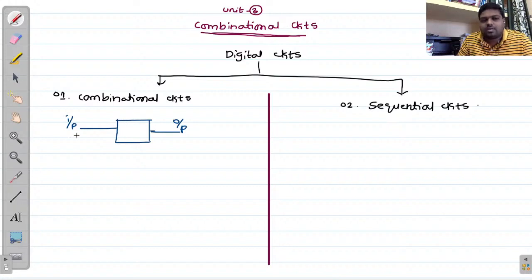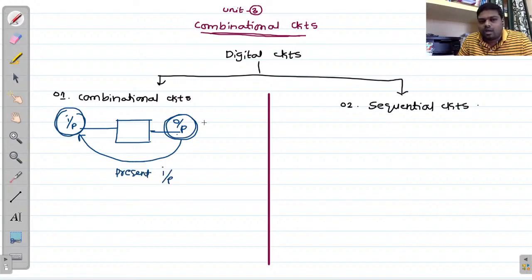For that digital circuit, I am providing input and getting output. This output variable and this input variable, that means the output depends on present input only.